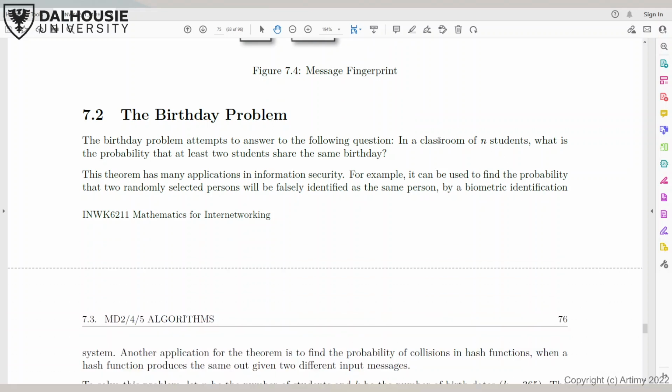So the problem says simply, if we have a classroom of n students, what is the probability that at least two students share the same birthday? So let's assume that we have 365 days a year. Forget the leap year, but let's say 365 days. And let's assume that the birthdays are distributed evenly, or uniformly, across all days.